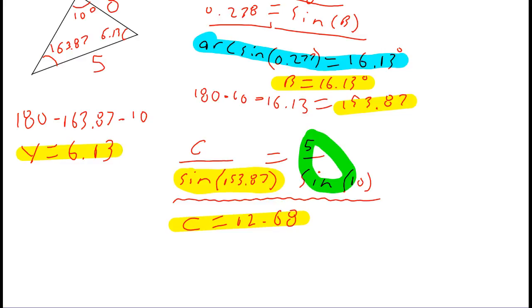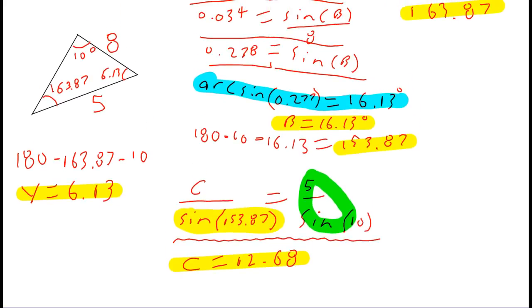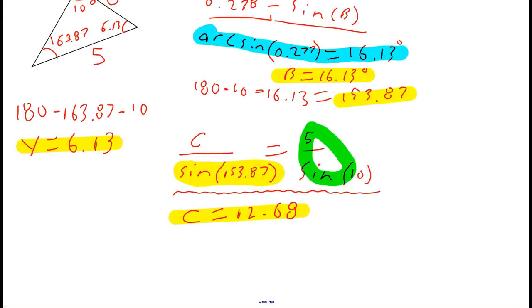What we're going to do next, just like in the other problem, is find the last piece we have left, side C. We can find side C just by doing the law of sines, nothing new. I'm going to put C on top, because that's what we don't know, and it makes it easier.